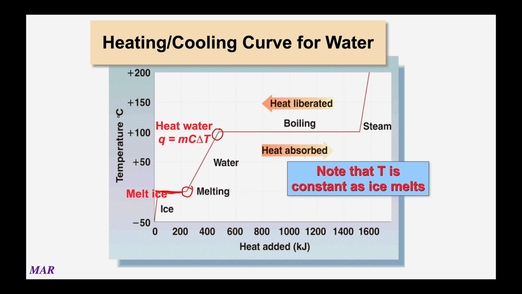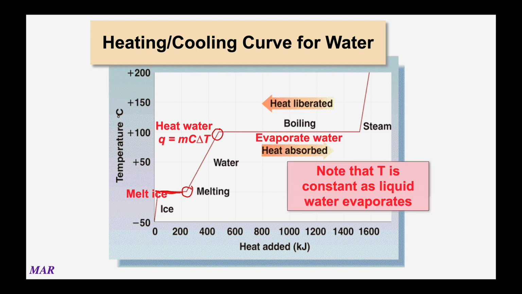And this is where we use MC delta T. M is the mass of water, C would be the heat capacity of liquid water, 4.184, and delta T is final temperature minus initial temperature. So for water, that would be 100 minus 0. 100 is where we ended at the top circle, 0 is where we started after we first melted the ice.